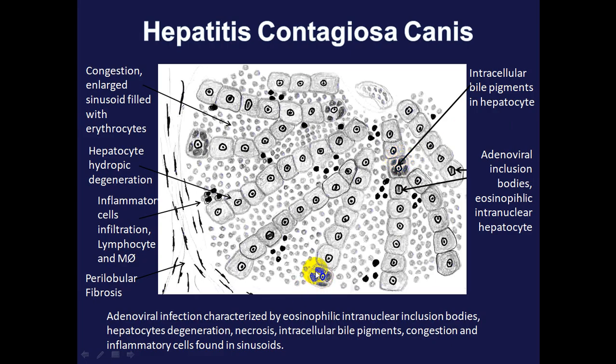This bile pigment will show as a brownish color pigment inside the cytoplasms of hepatocytes. Okay. And then some of the lobules will also be surrounded by perilobular fibrosis.